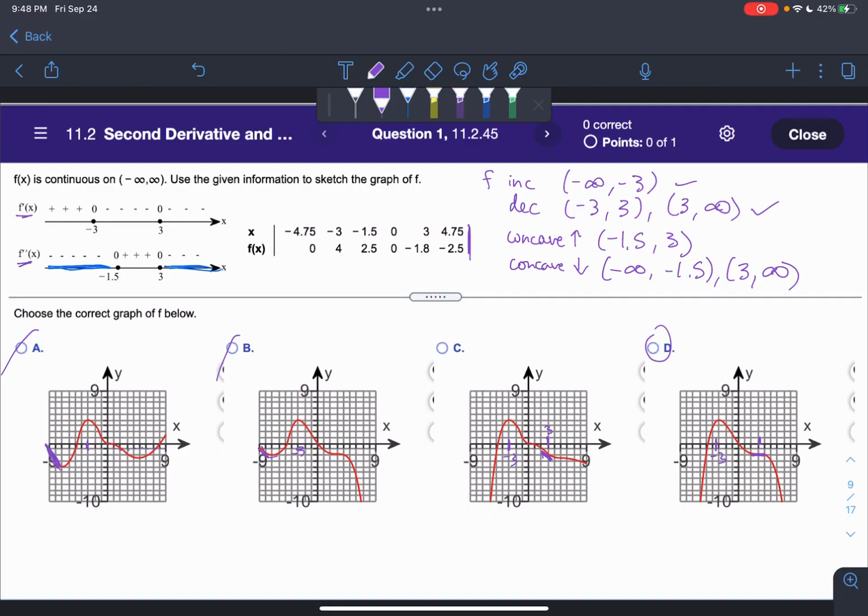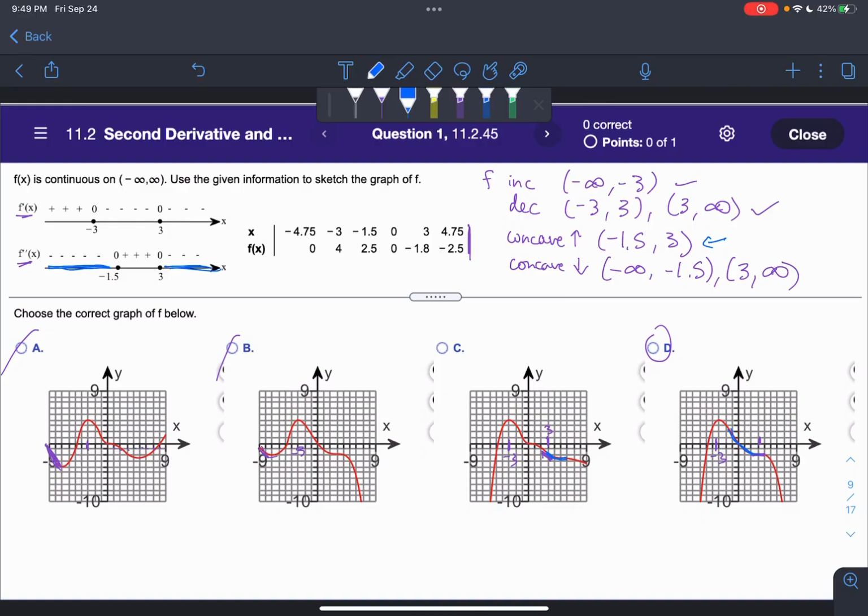Let's look at concavity while we're at it. So we know that we're concave up between 1.5 and 3. But look at part C. It looks like there's a little piece maybe here where we're concave up, whereas over here, it seems the concavity stops when we get to 3.